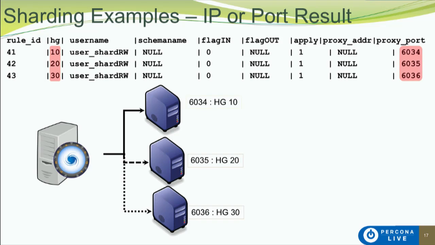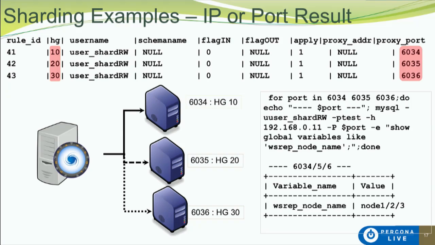Very simple. And as a result, if I do a check, just sending a query against the ProxySQL port and changing the port, as I already decided before. So if I just change the port where I'm connecting, I will get this one.